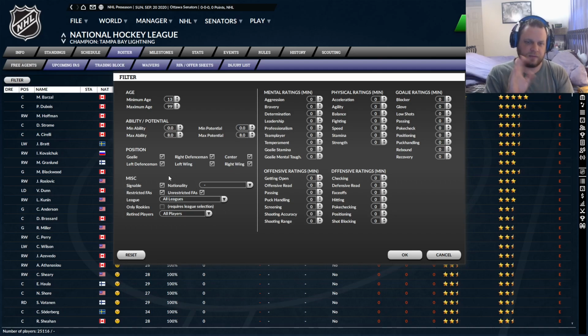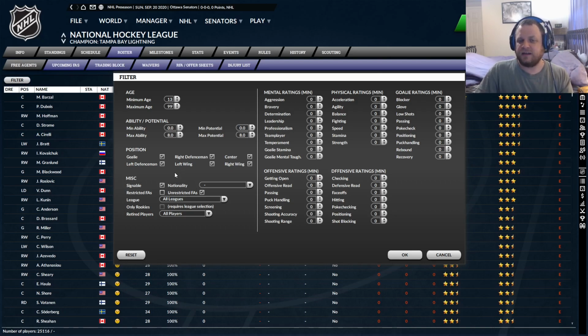Then I will often uncheck restricted free agents, because I'm not always willing to part with my draft picks. Sometimes I'll take a look at what's there and ponder if it's worth it. But usually I'm going to look at unrestricted free agents, and when I go to look for free agents, I have an idea of what I need.